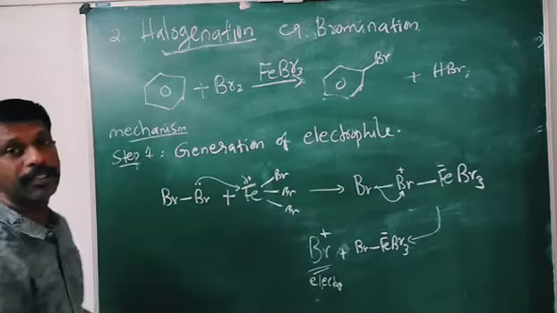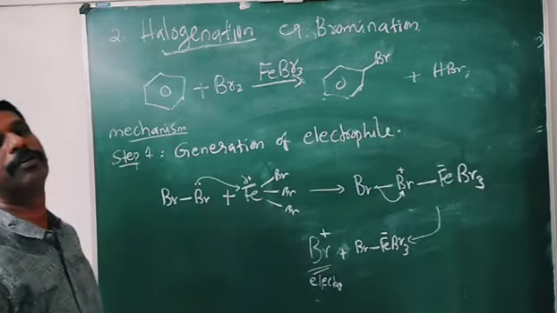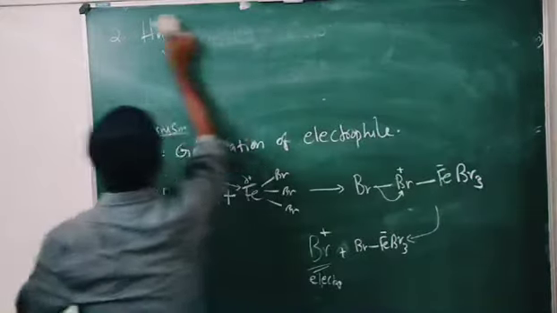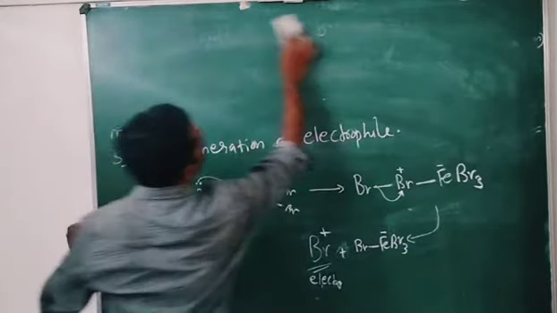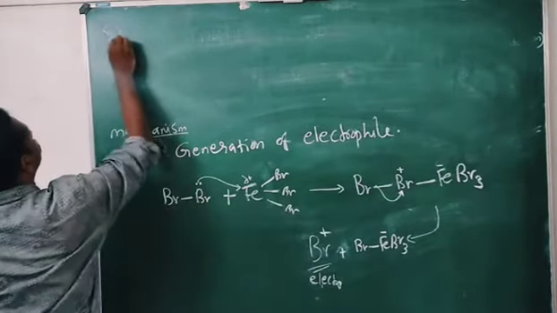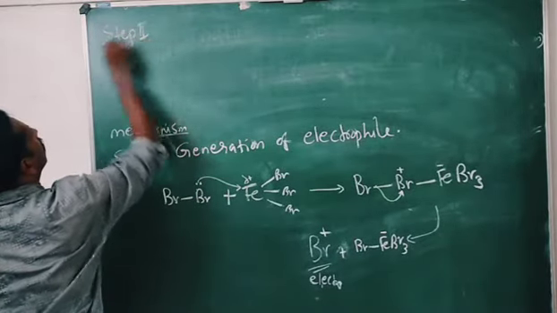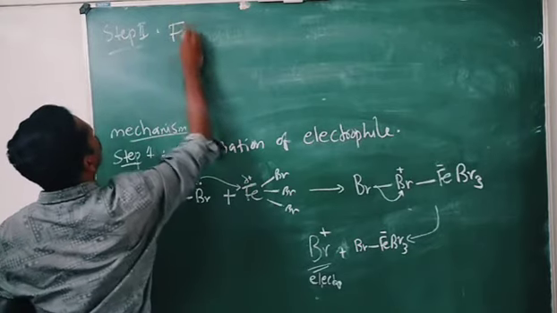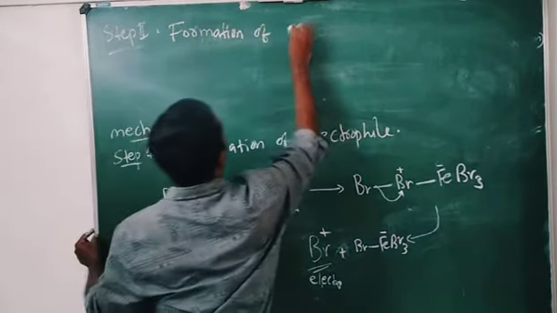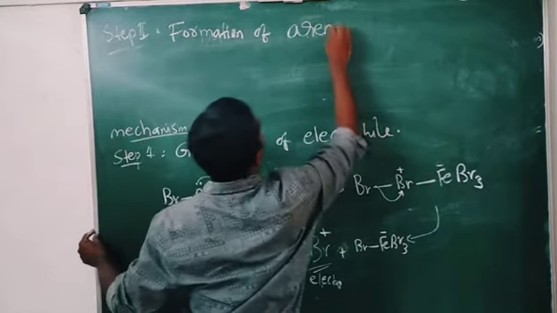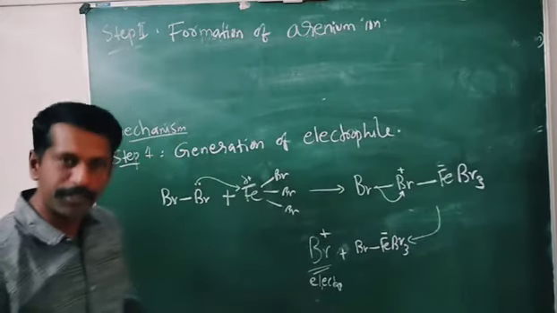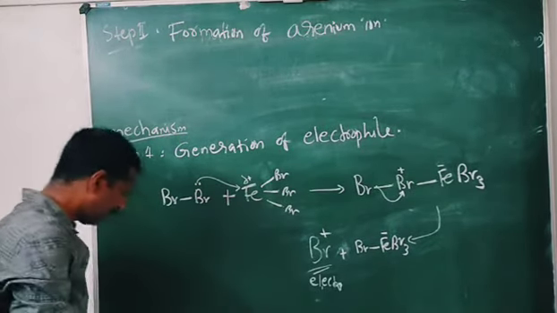The rest of these steps are similar to that of our nitration. Look at it here. Second step. What is the second step? Step 2: formation of arenium ion and its stabilization by resonance.